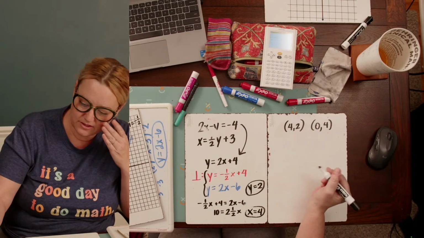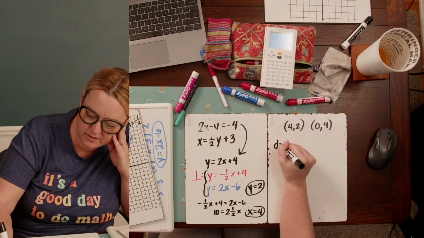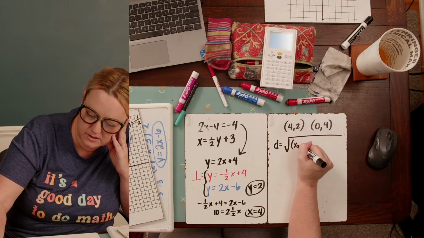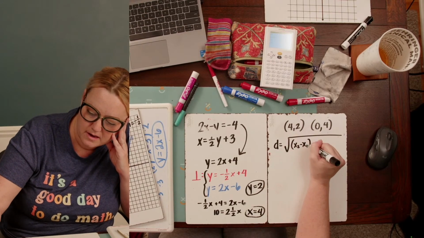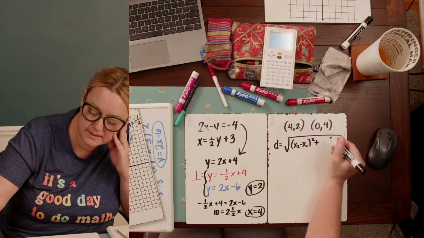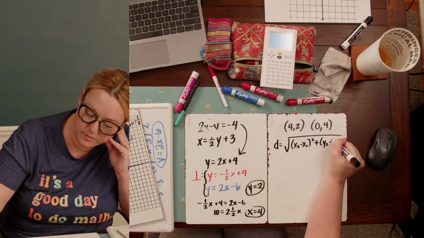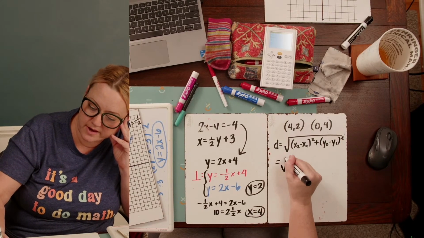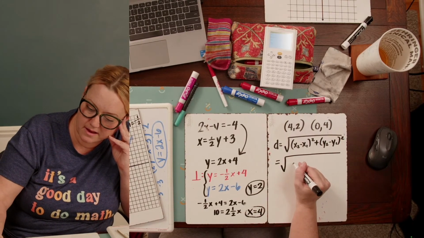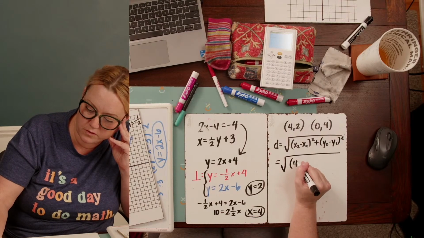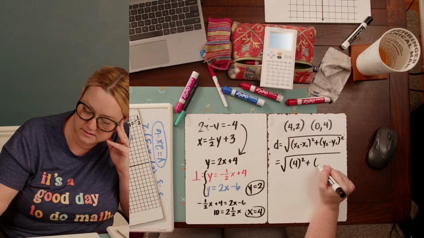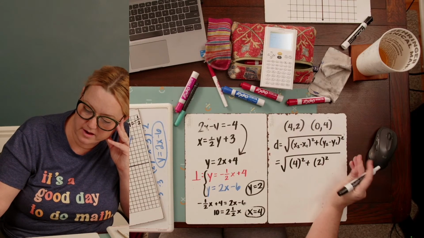Okay, so then you've got your distance formula, which is square root of x2 minus x1 squared plus y2 minus y1 squared. So that's going to be 4 minus 0, so we've got 4 squared plus 2 squared.